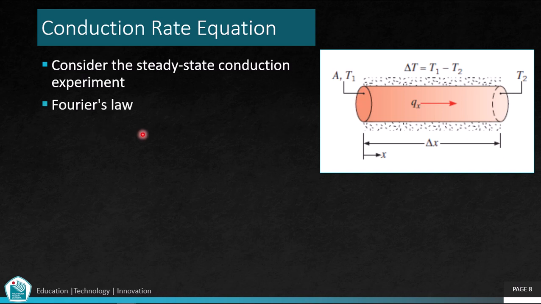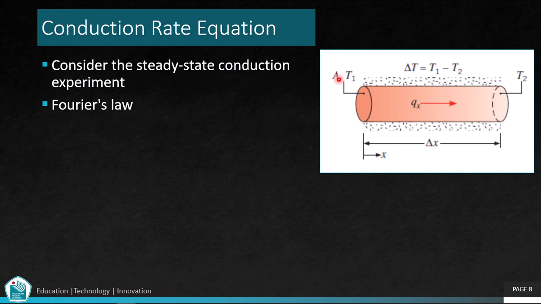We might imagine first holding delta T and delta X constant, and varying the A, or the area.